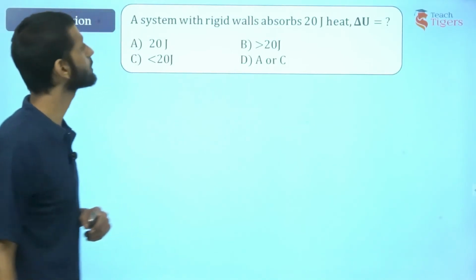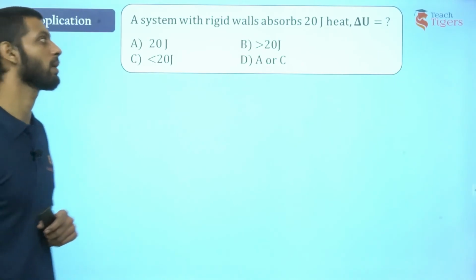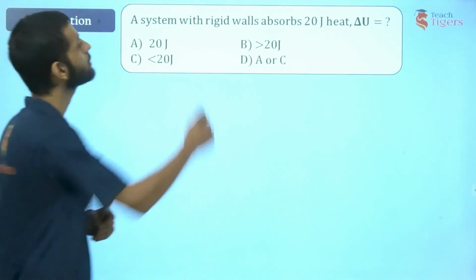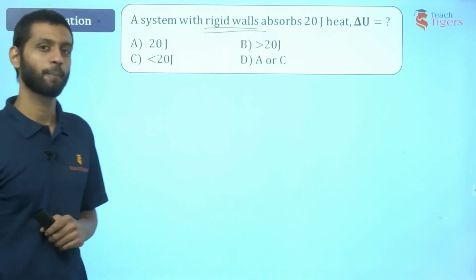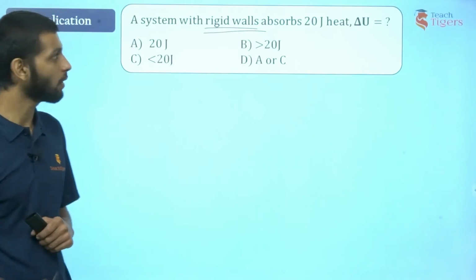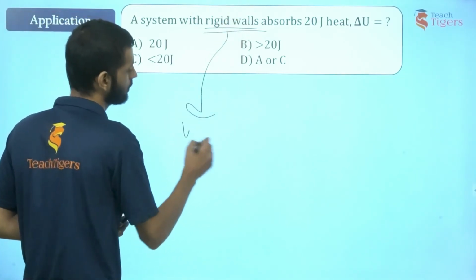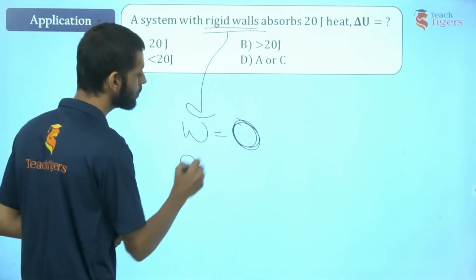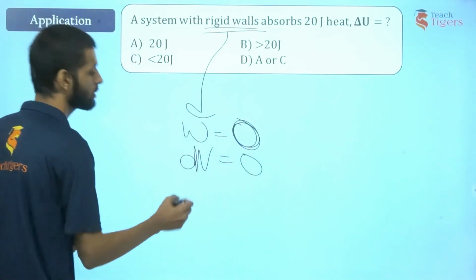Next question: a system with rigid walls absorbs 20 joule of heat, delta U equals question mark. What is the change in energy if the system with rigid walls absorbs 20 joule heat? Alright, so first thing, rigid walls, work done is 0. Why is work done 0? Because change in volume is 0. If change in volume is 0, work done is 0.